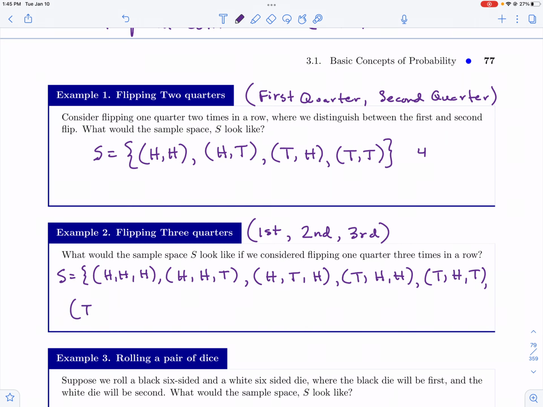I could have tails, tails, heads. Or I could have heads, tails, tails. Those are the only possible ways of having 2 tails and 1 head. And then finally, the only other possibility left is 3 tails. So in this case, we have tails, tails, tails.